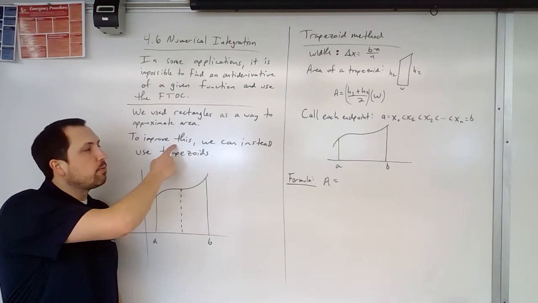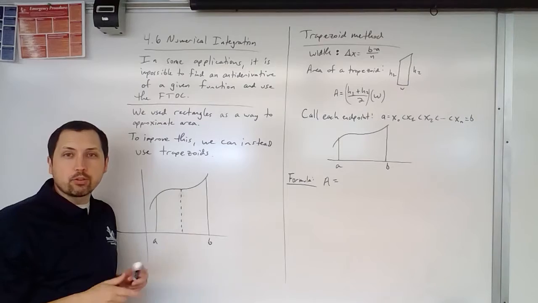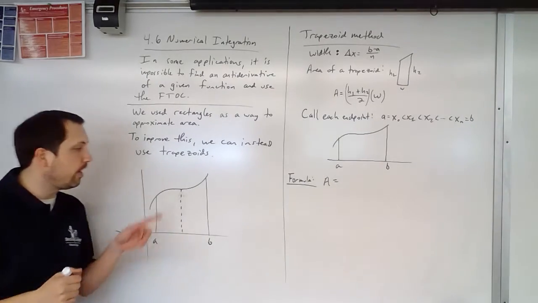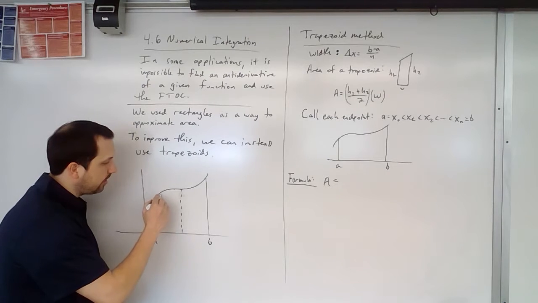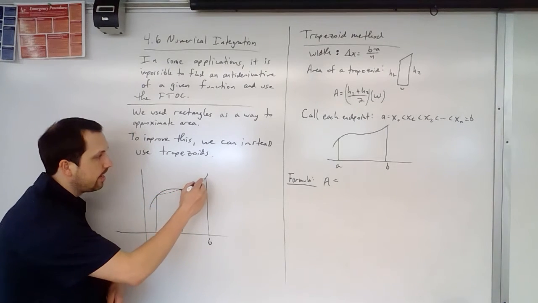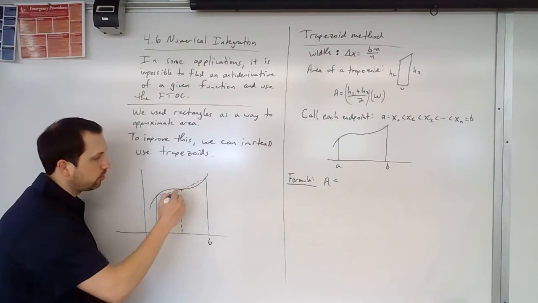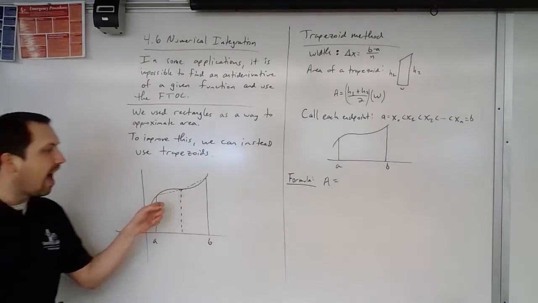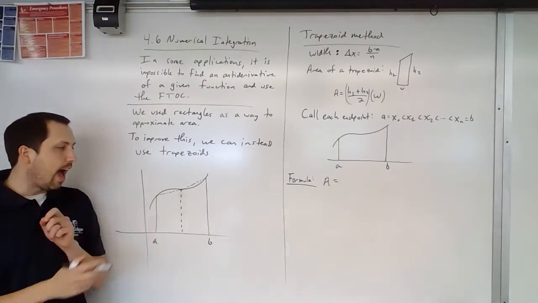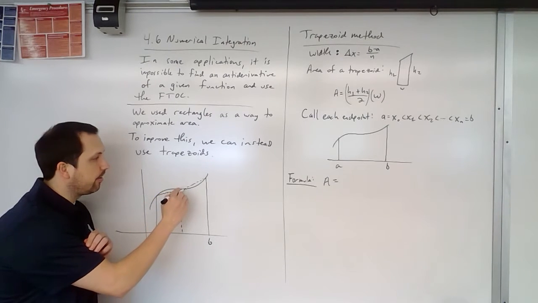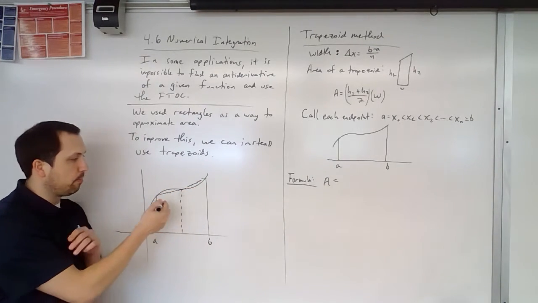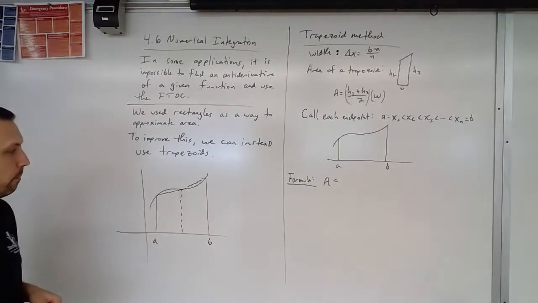But as a way to improve this, we can instead use trapezoids. So a trapezoid in this region, what it could look like is I would connect these two with a straight line, and then connect these two endpoints with a straight line. On each of the intervals, I am forming a trapezoid that I can calculate the area of and add those together.